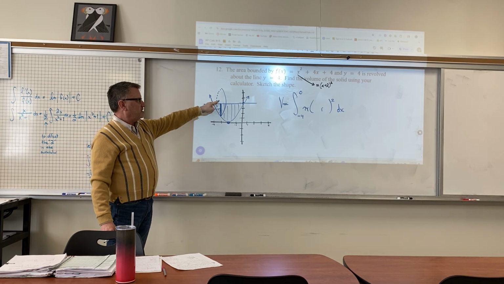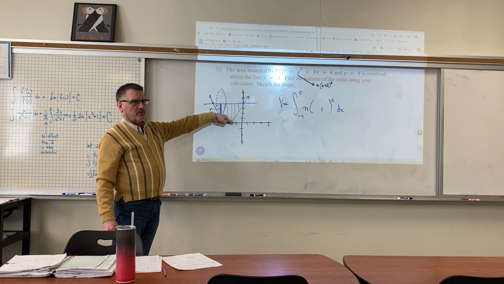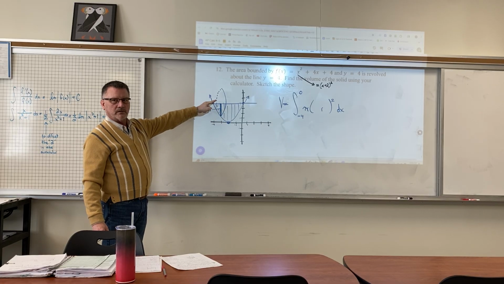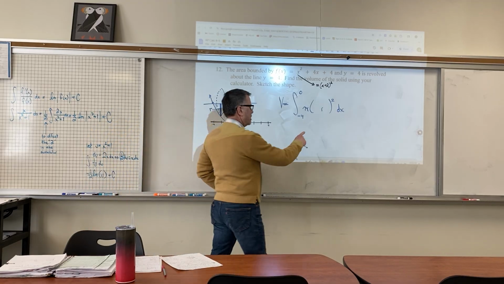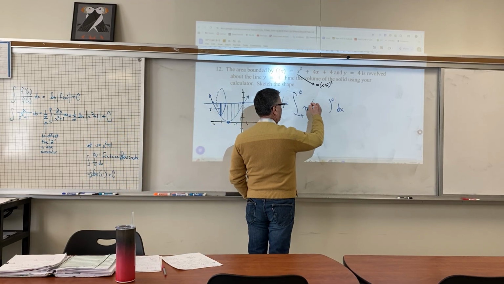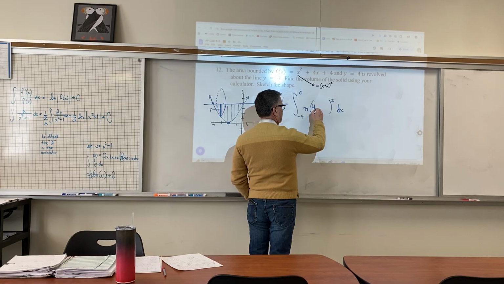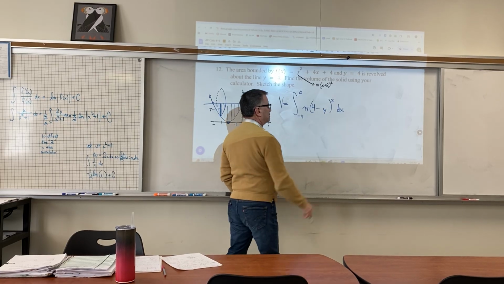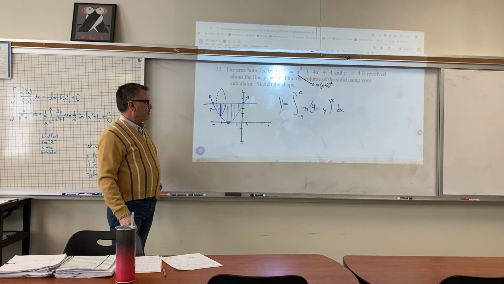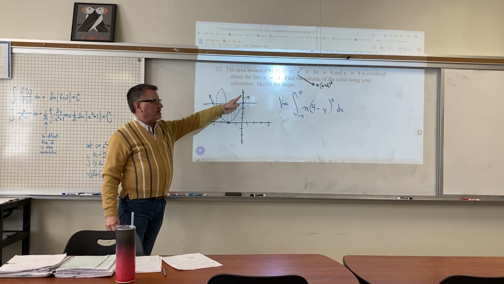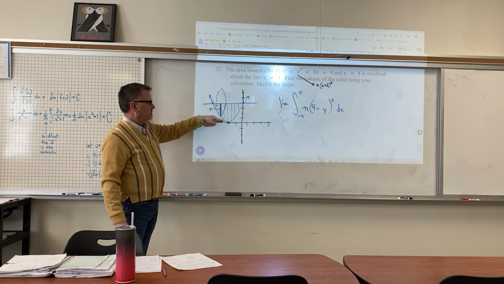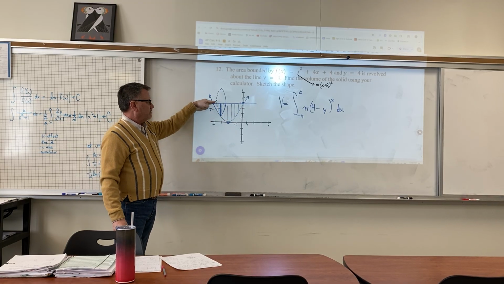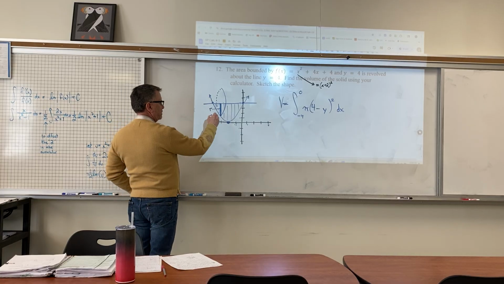Looks like it's the piece inside that parabola up to 4. So 4 minus the shape, or 4 minus the curve. 4 minus that f of x or y. So 4 minus, this is the part I don't want.